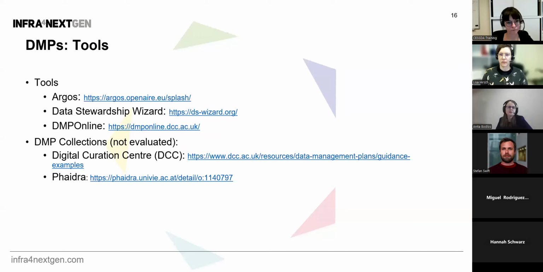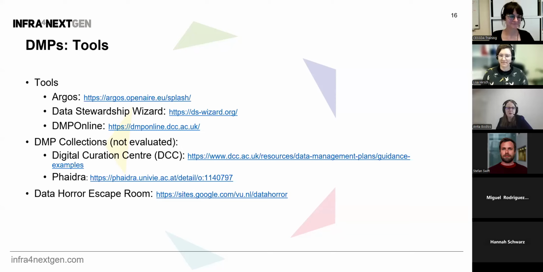But please note that these DMPs are not evaluated, so you can find both DMPs that are very well written and DMPs that could benefit from improvement. And there is also a data horror escape room if you feel like challenging yourself in a virtual escape room.